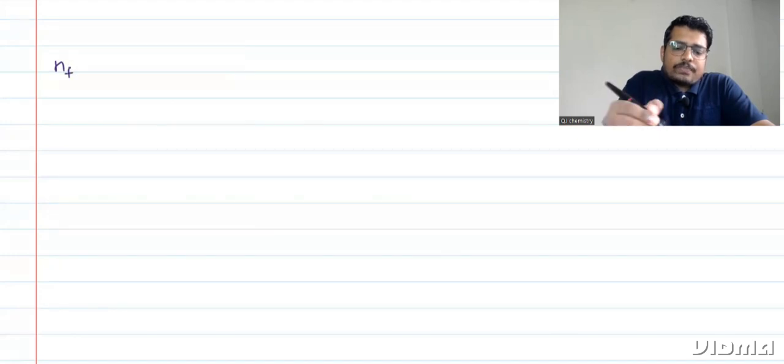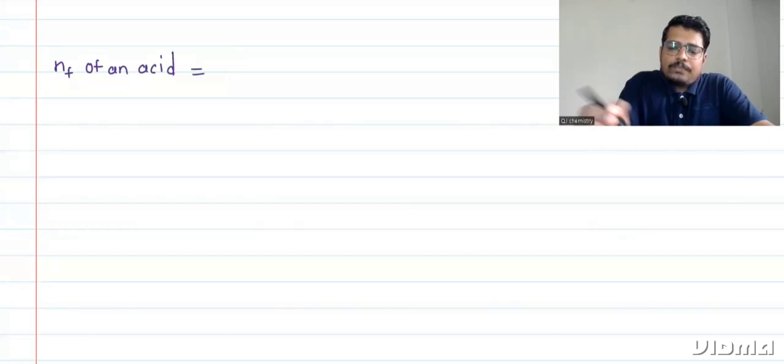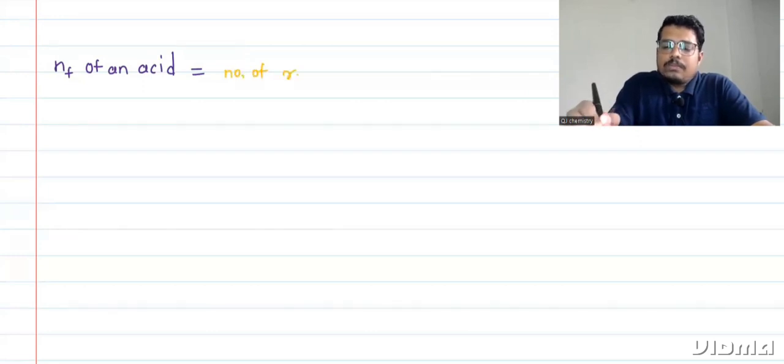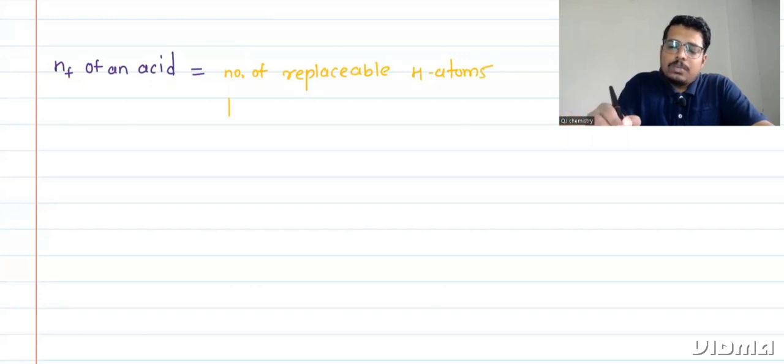N factor of acid is equal to the number of replaceable hydrogen atoms per acid molecule.